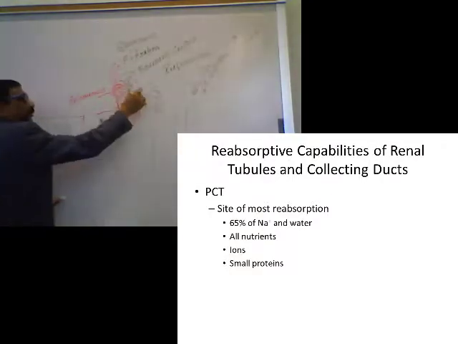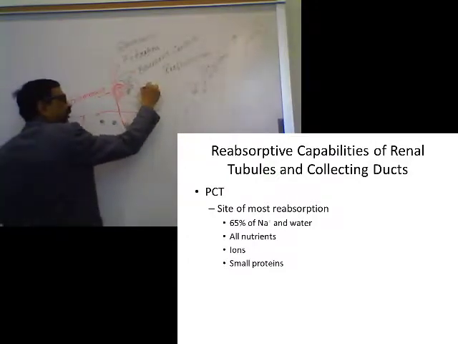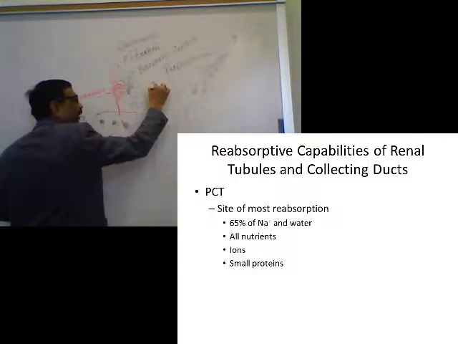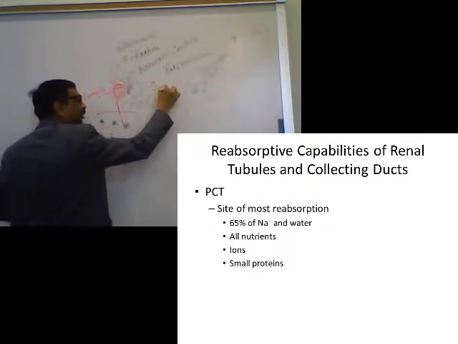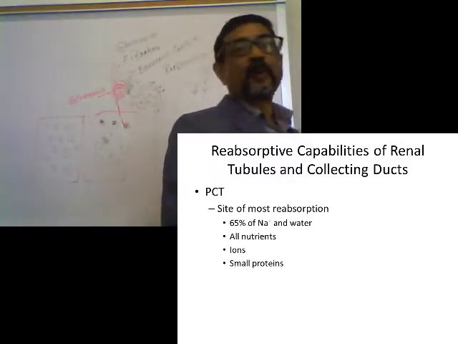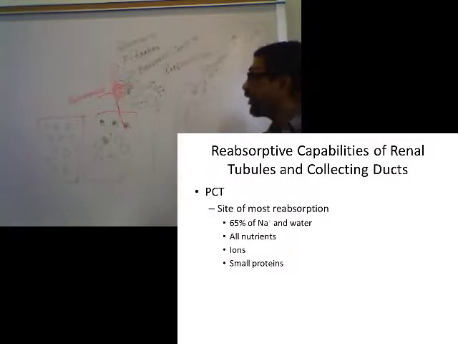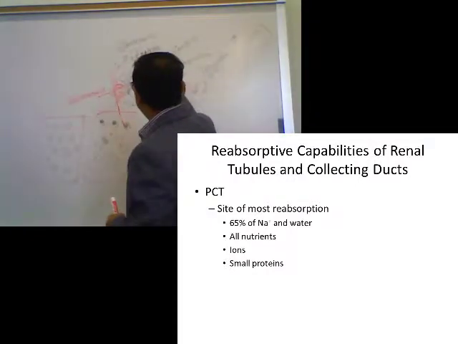Okay. So when the fluid is passing through the proximal convoluted tubule, water and other solutes will be reabsorbed. How much? 65%.